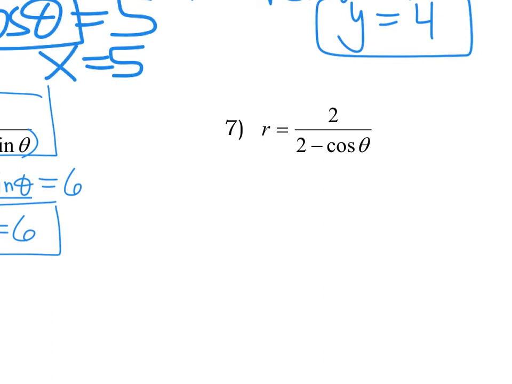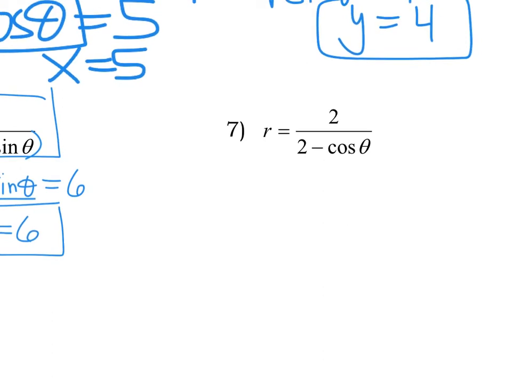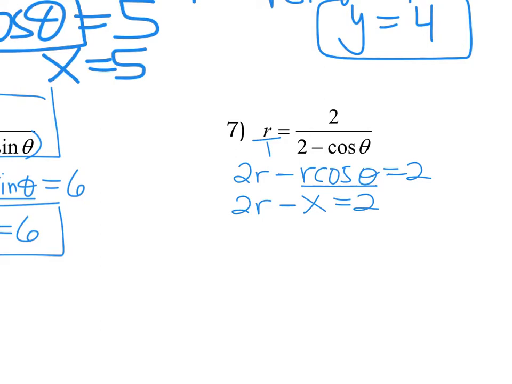Finally, number 7. Number 7, we're going to do the same thing. We're going to cross multiply. We get 2r minus r cosine theta equals 2. Okay? And then we're going to go 2r minus, now r cosine theta is x. Okay, this one gets a little bit complicated.